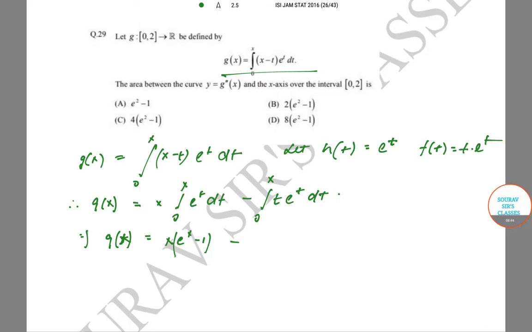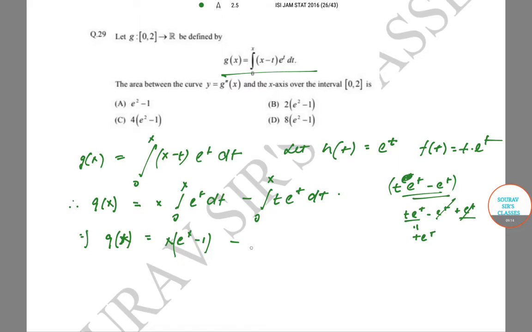So now, t e to the power t minus e to the power t, when we differentiate this we get t e to the power t plus e to the power t from the first term and minus e to the power t from the second. These get cancelled and we get t e to the power t.